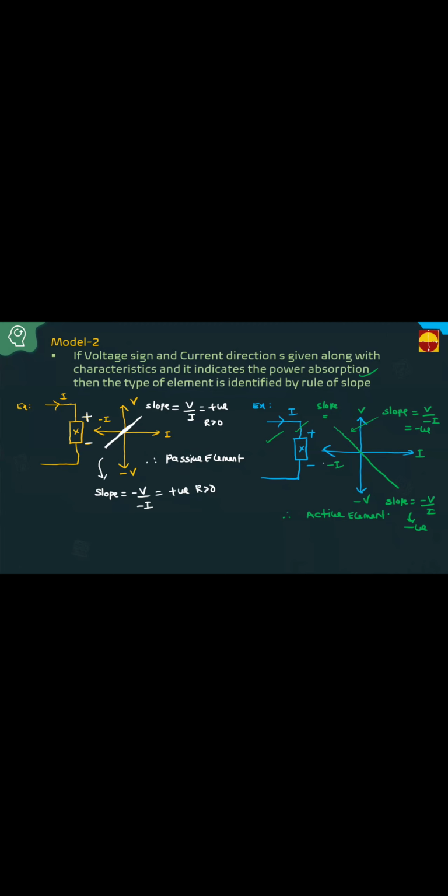That's why if both current direction, polarity and characteristics are given, and this indicates power absorption because current is entering at the positive plate, in that case the type of element is identified not by power absorption or delivery, but by the rule of slope.